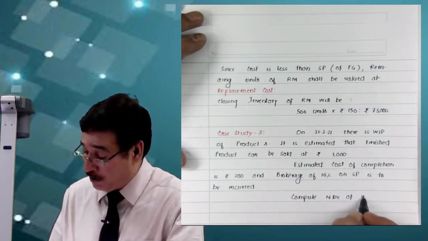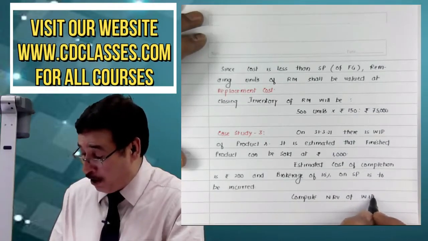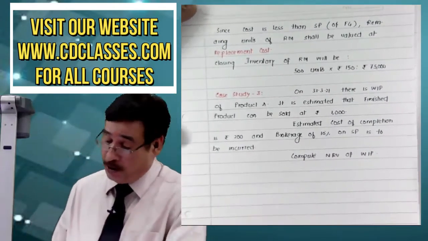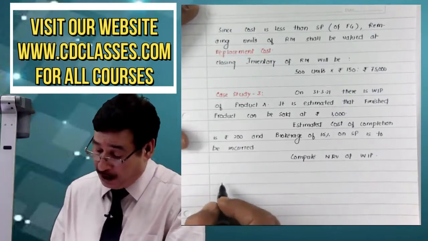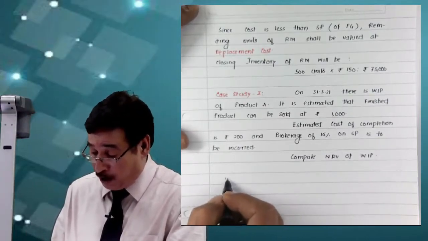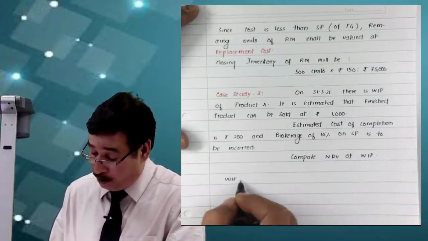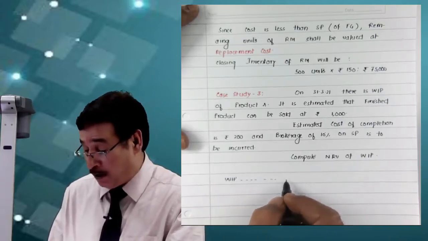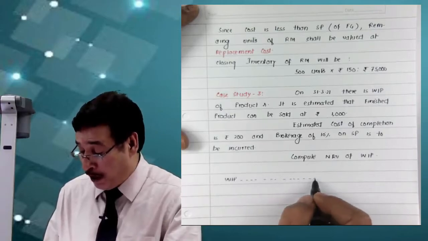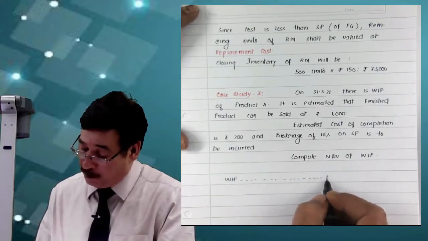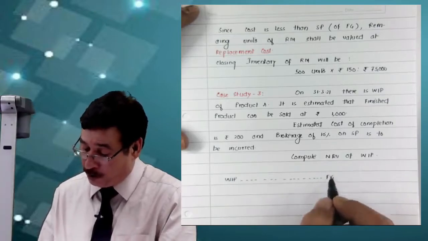So the question has simply asked you to compute the NRV of work in progress. First of all, you must understand here that there is some work in progress of product A. Now ultimately this work in progress will be converted into finished goods, no doubt about that.